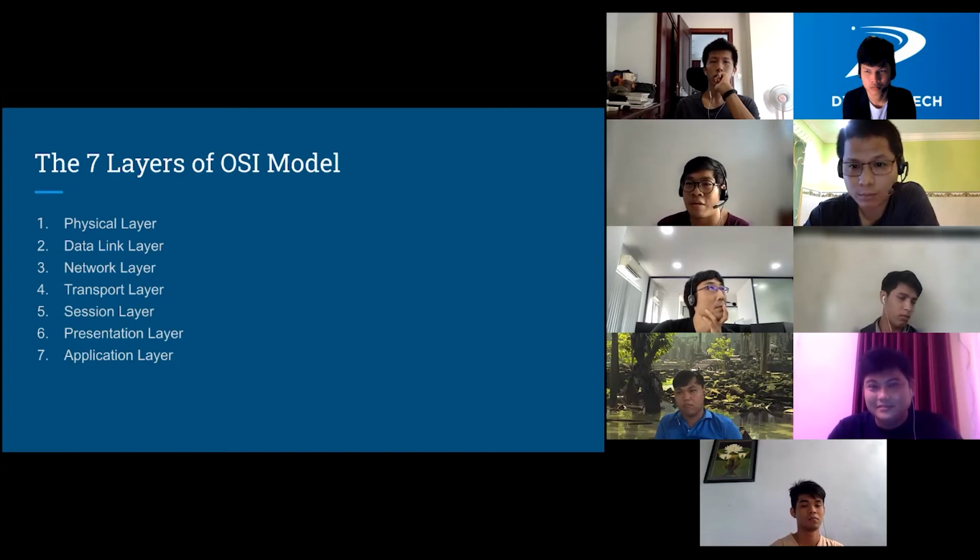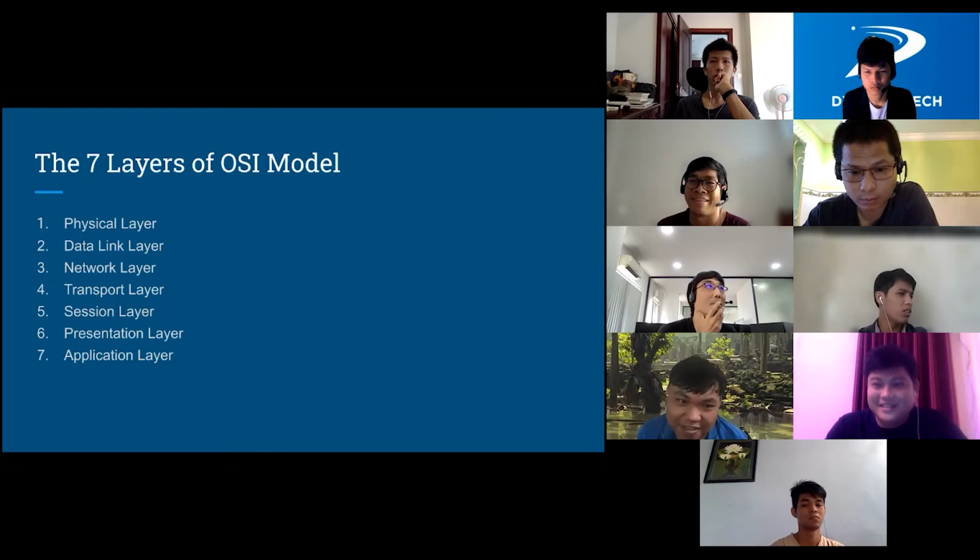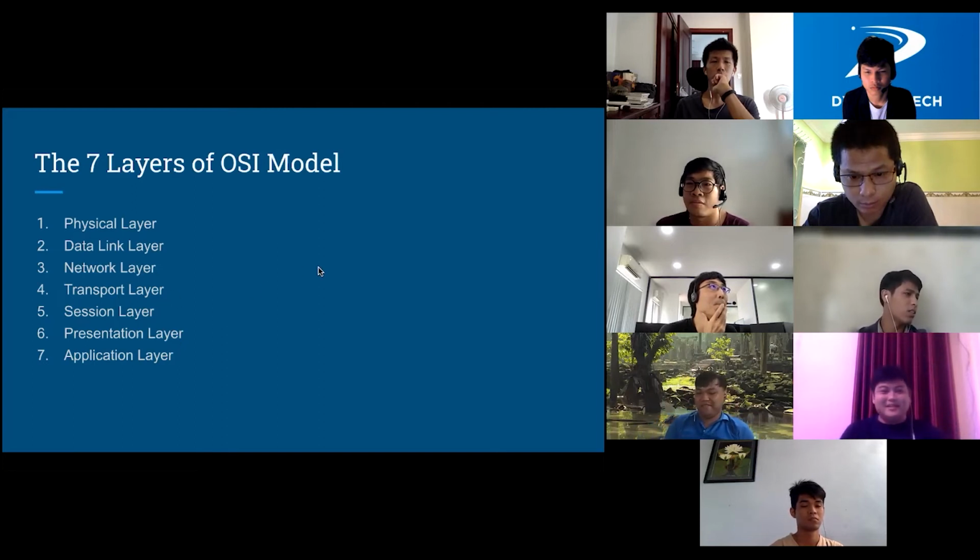It's another model. We have the OSI model, and currently we have another, the TCP/IP model, and they look very similar. This layer is the network layer, with IP, Internet Protocol.